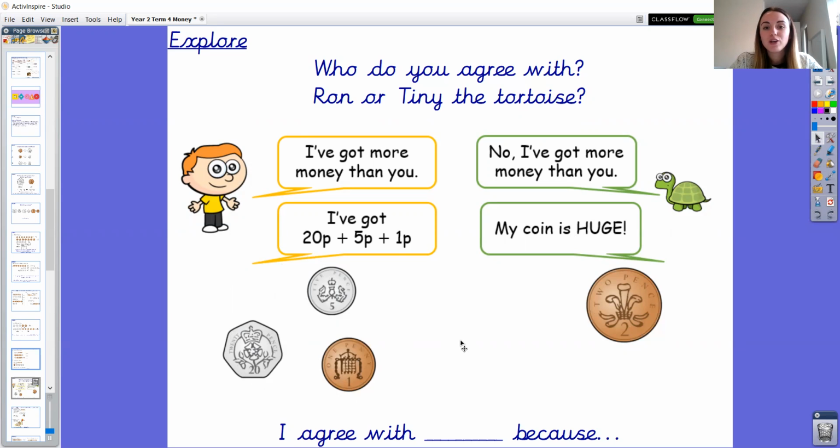As we know, 26p is greater than 2p. So it's really important that we recognise the coins correctly by reading the writing and looking at the number, looking at the colour and the size and shape, okay?